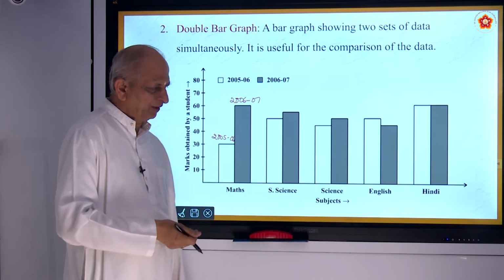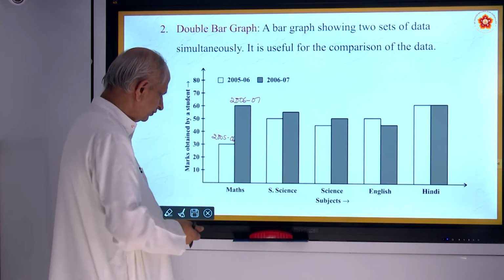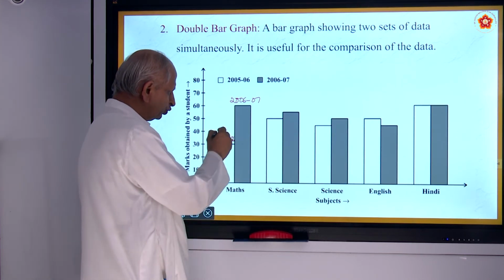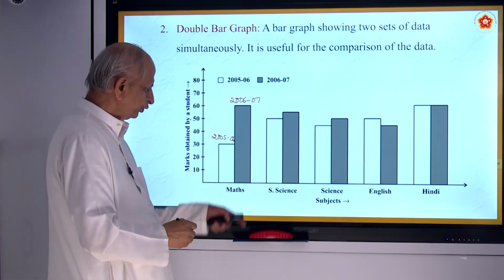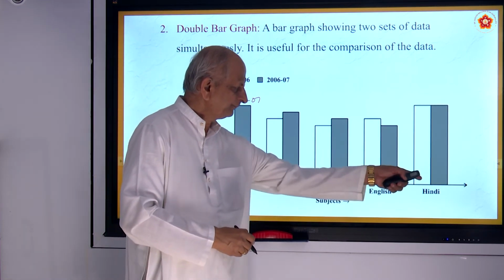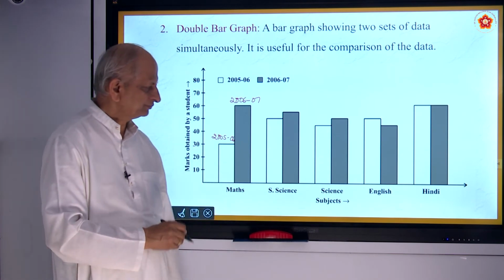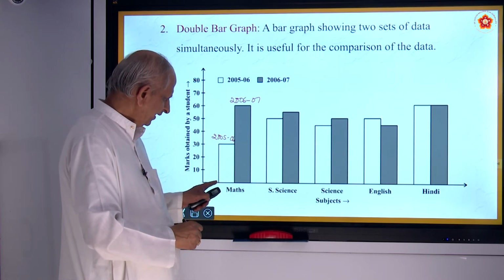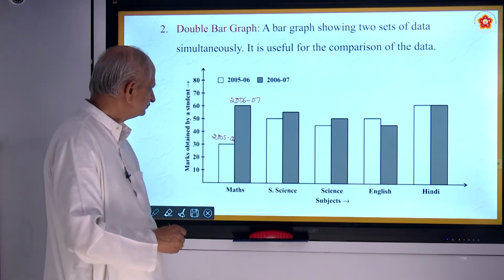He can compare now. So this stands for mathematics subject in the 2 years. This is social science in 2 years, science in 2 years, English in 2 years, Hindi in 2 years. And how do you draw that? As usual, take a scale.